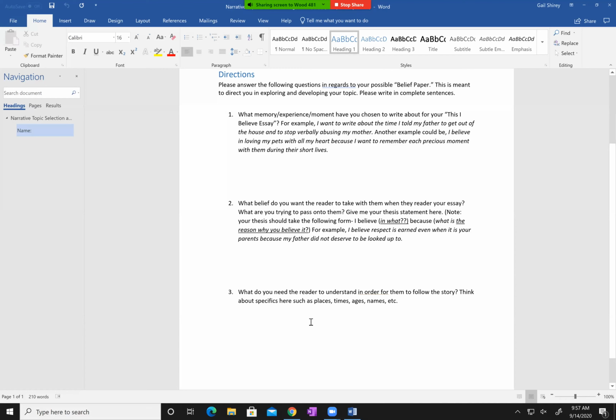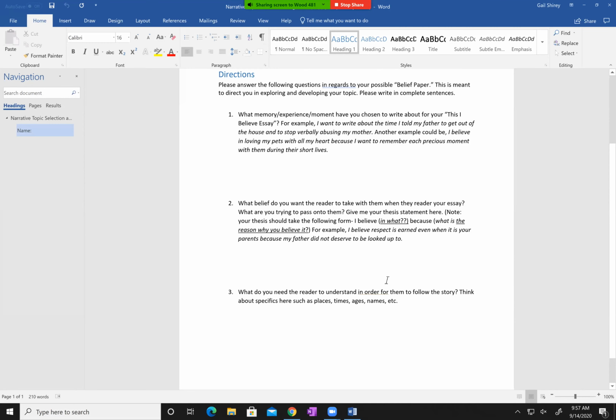So you might have to talk about places, when did this happen, year, day, month, ages of people, names of people. And now again, this needs to be done in complete sentences. So number 3, you're probably looking at least a paragraph there, okay? Number 2 and number 1 is quite a bit shorter. You can probably get away with 1 or 2 sentences on those.